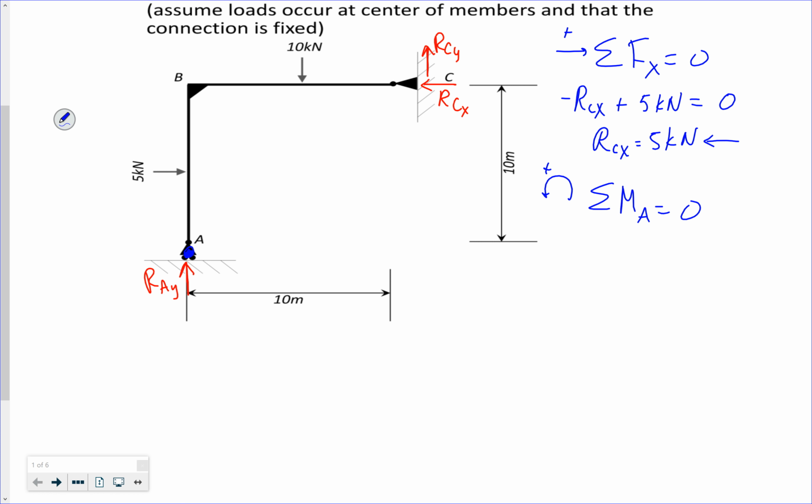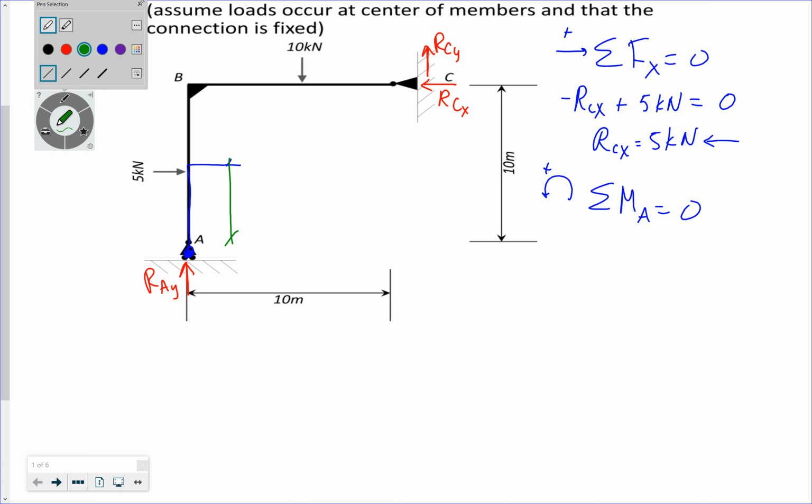I have 5 kilonewtons acting at 5 meters, because I said it was halfway, so 10 meters divided by 2 is 5 meters.